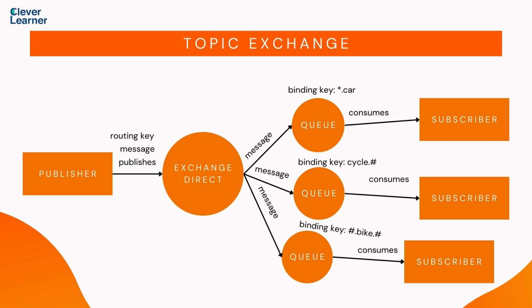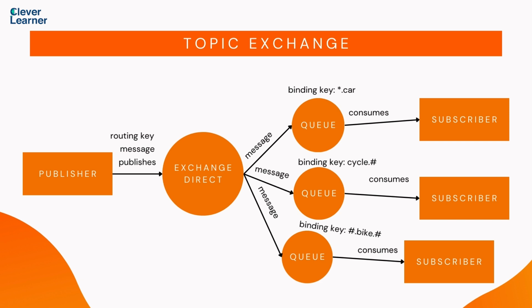So for example, for the routing key, if you have bmw.car, it will go to the hash.car route. But if you have bmw.bmw.car, it will not go to that one because it doesn't match. But if you have something like big.bike.cycle, then it will go to the hash.bike hash.